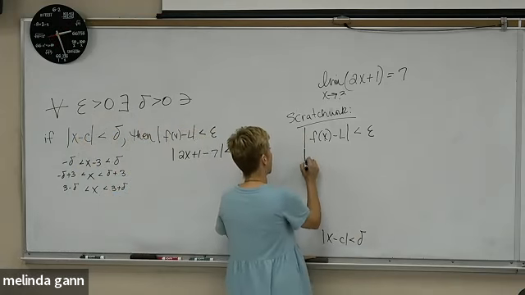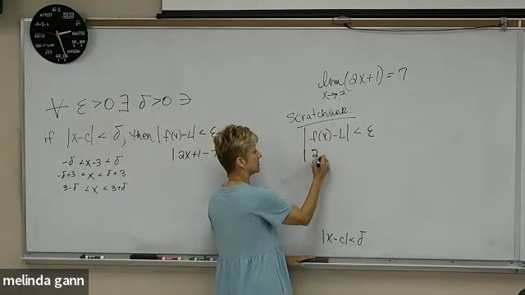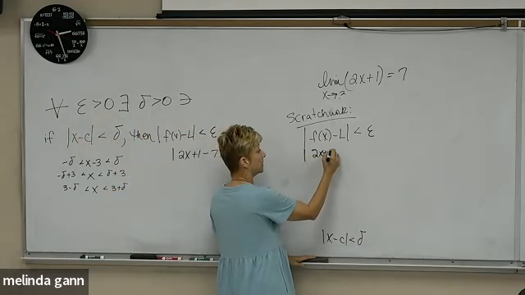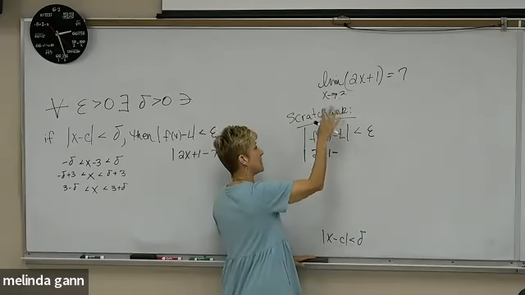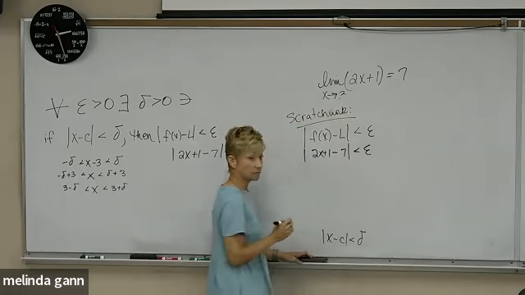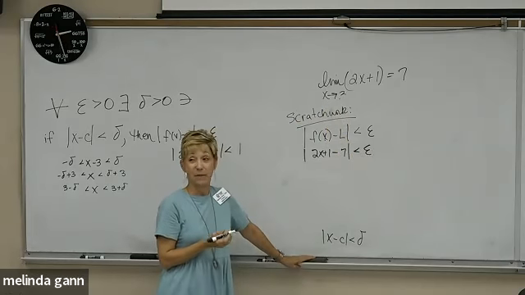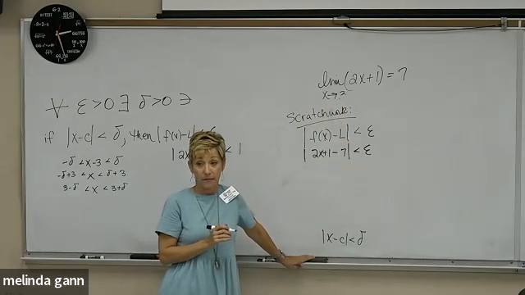Now, in this particular problem, what's my f of x? 2x plus 1. Minus, in this particular problem, what's my L? 7. So does everybody see what I did? I filled in my f of x and my L. Everybody tracking with me?